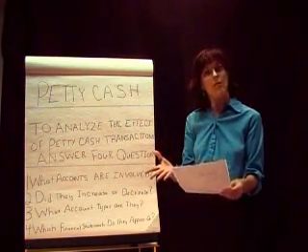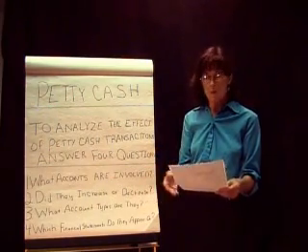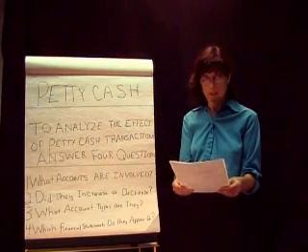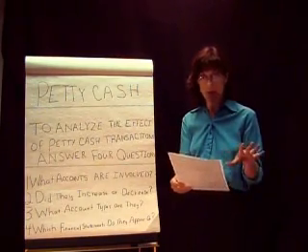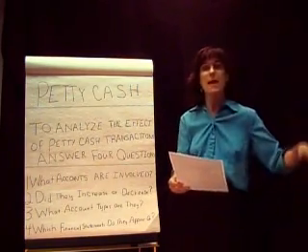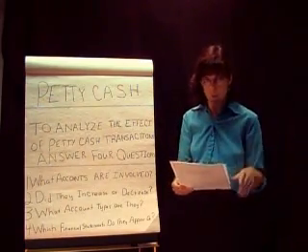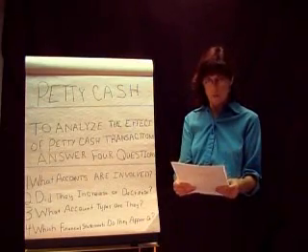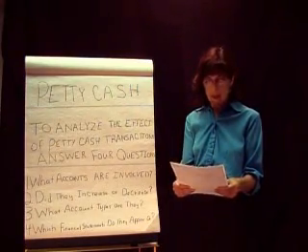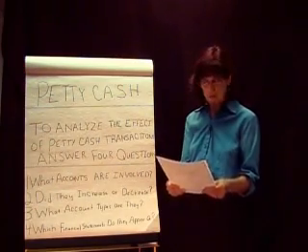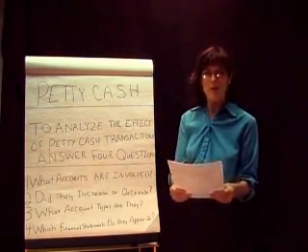All right, so what happens when we replenish the petty cash box? Well, first of all, we started out with $1,000. So we want to put the difference between $1,000 and the $315 that's left back to bring it back up to $1,000. Unless you want to start keeping more money in the box or less, you'll write the check for the difference. And what accounts are involved when you replenish the petty cash box?